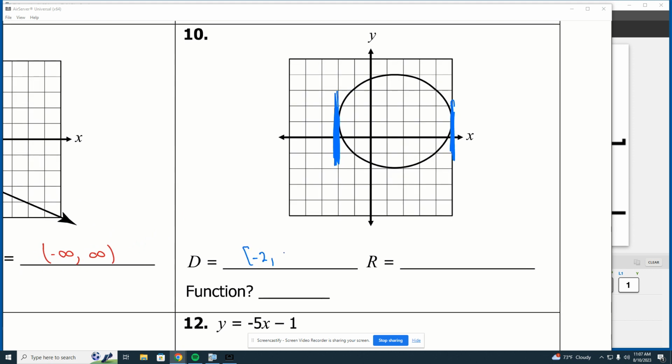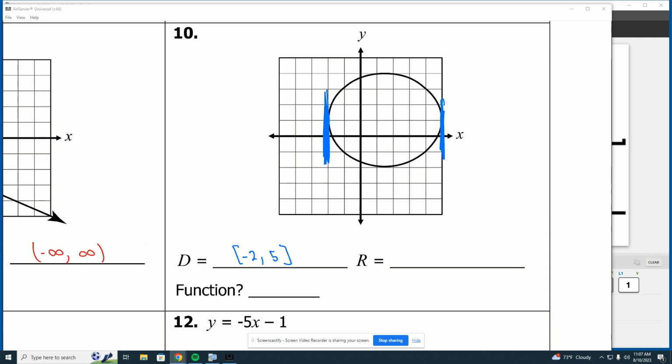Positive 5. So my domain is from -2 to +5. Y'all see that? Now remember what range is? Range is up and down. What's the lowest it gets on the y-axis? -2. And what's the highest it gets on the y-axis? +4.